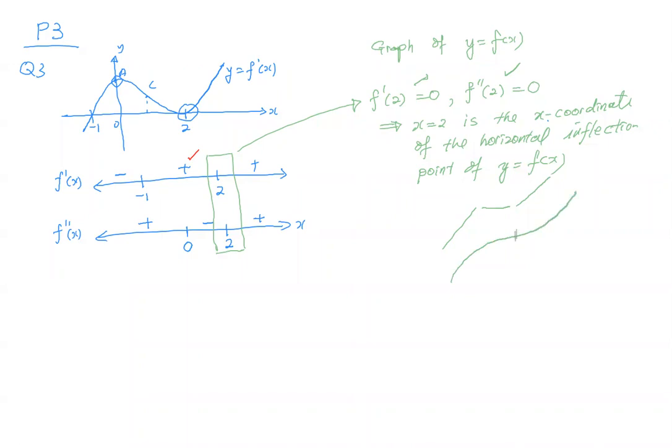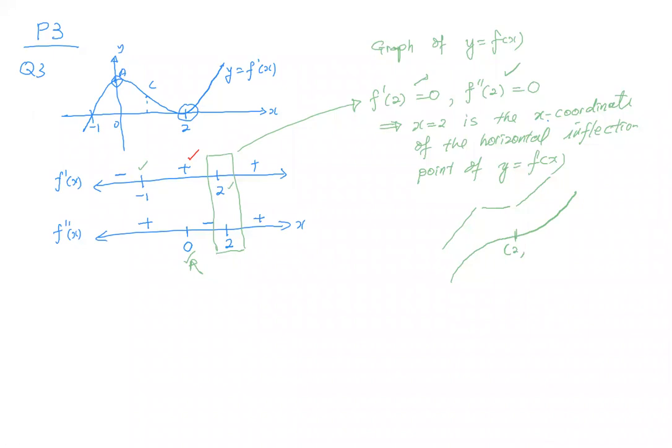Here is the point where x equal to 2. So when you sketch the graph, this point is the horizontal inflection, this is the stationary point, and this is the minimum.